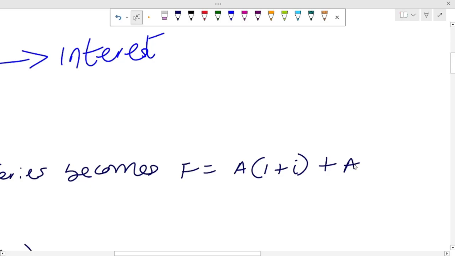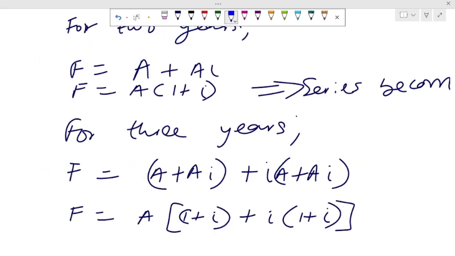So this is the series of payment now: the first year plus the second year. Good. So if we go for the third year, it will just be like the second year, the way we did it. We can use that, so this one will become what you have here, plus what?